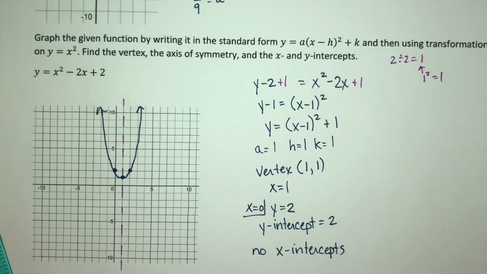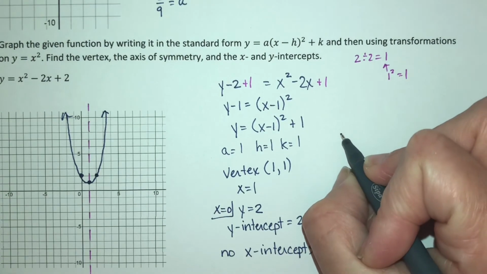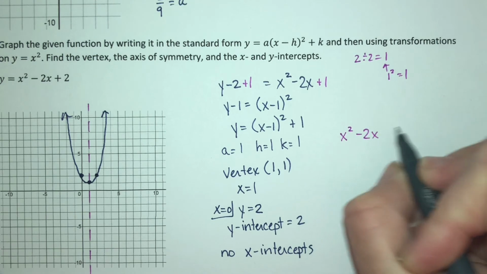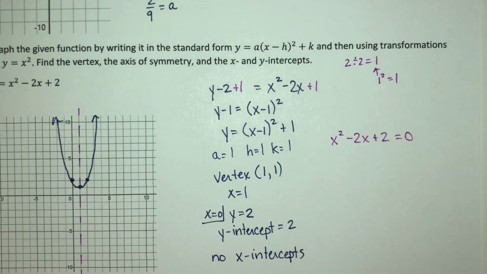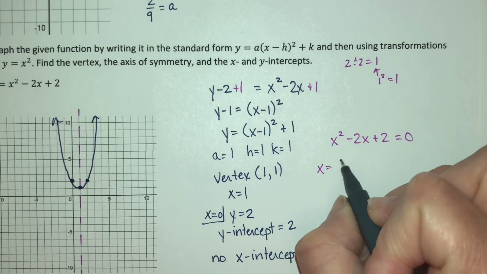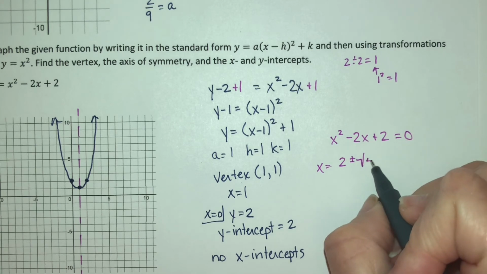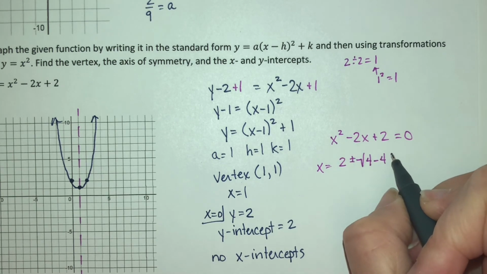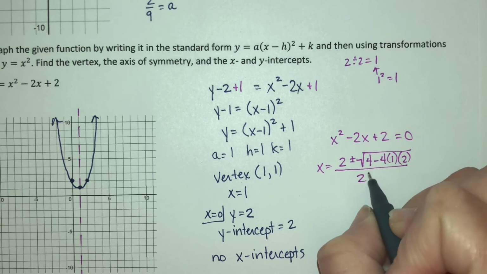I know there are no x-intercepts because of the shape of my graph and its location. However, if I didn't know that immediately, I would have taken x squared minus 2x plus 2, set that equal to 0, and gone to the quadratic formula. x equals negative b plus or minus the square root of b squared minus 4ac, over 2a.